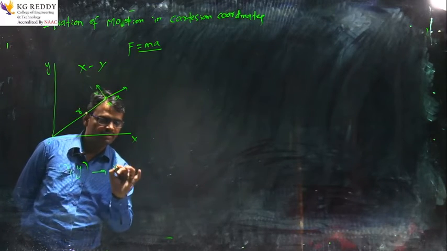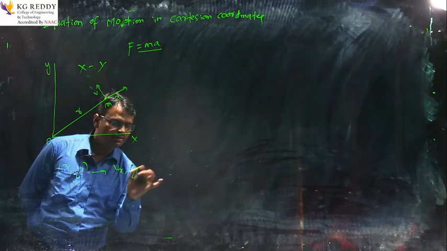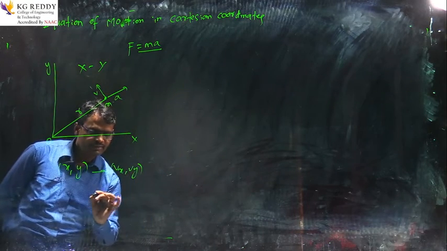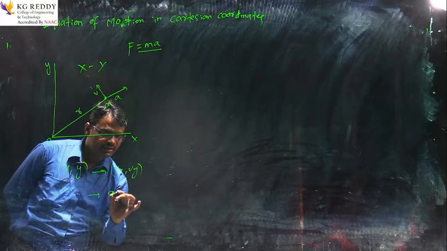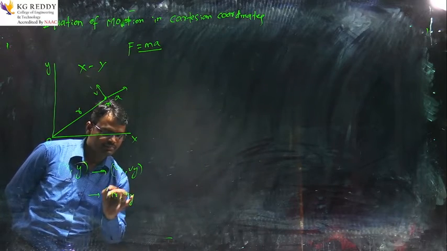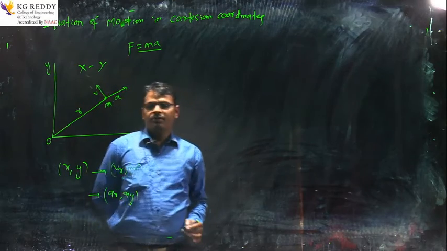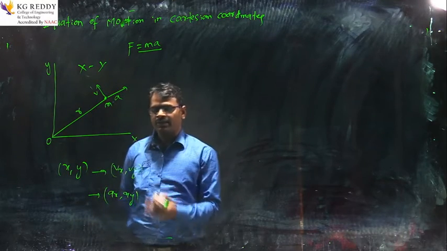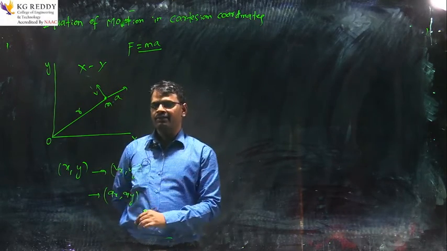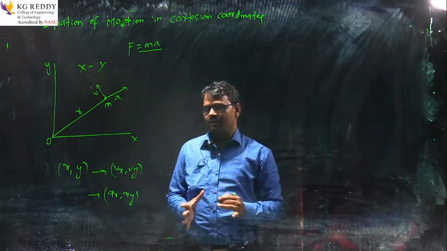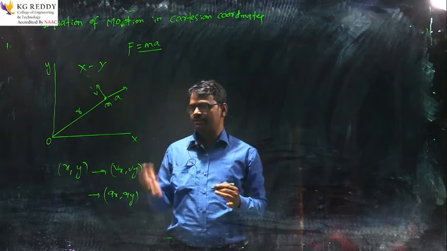Corresponding velocities are vx comma vy, and corresponding accelerations ax comma ay. So we need to calculate acceleration along the x axis of this particle and acceleration along the y axis of this particle.